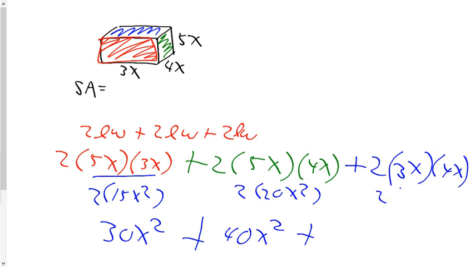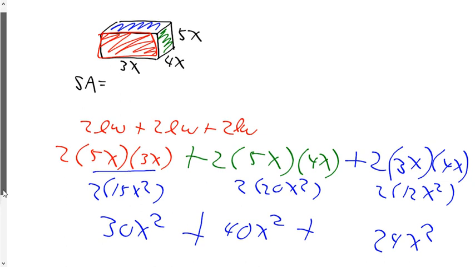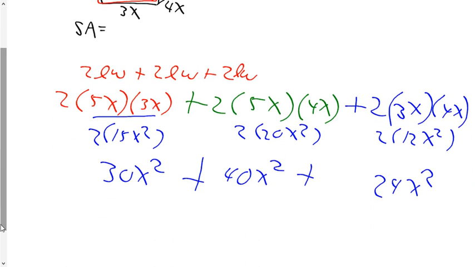And there are 2 12x squareds, which is 24x squared. It needs 2 plus signs, so we're okay there. Now that we have those written algebraically, they are like terms. So this trinomial can be simplified down into 94x squared equals the surface area of that rectangular prism.